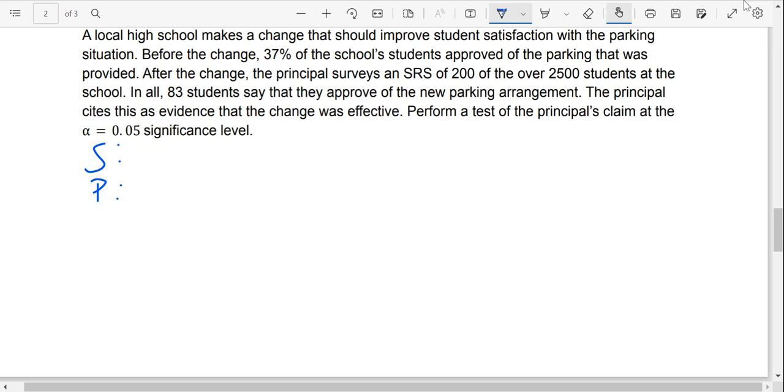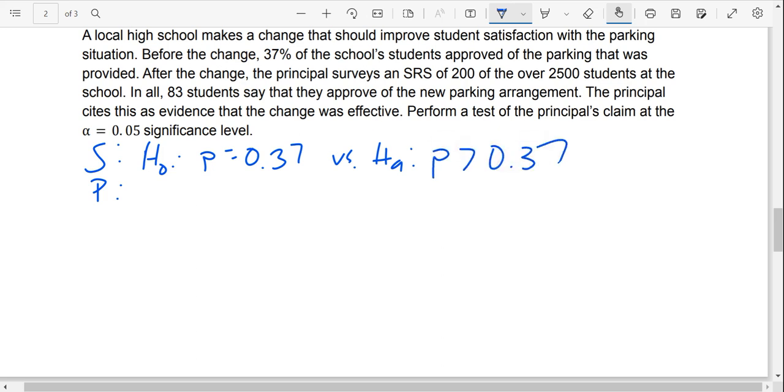The null is P equal to 0.37. And that's versus the alternative, which is P is greater than 0.37.